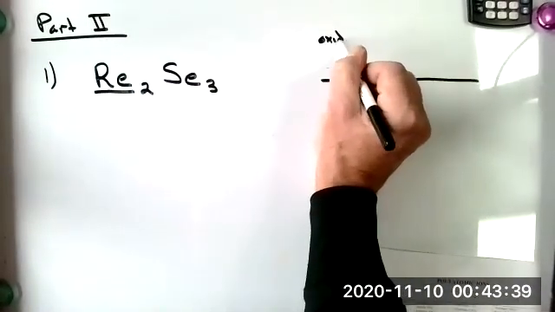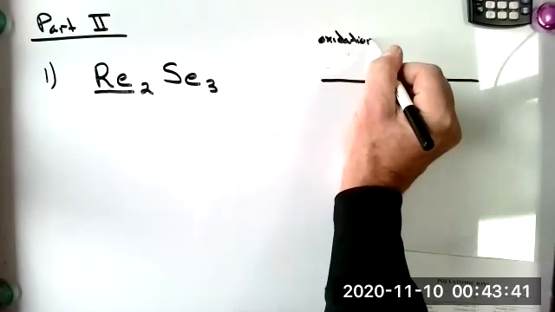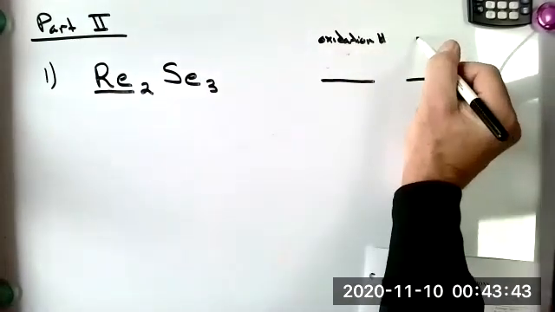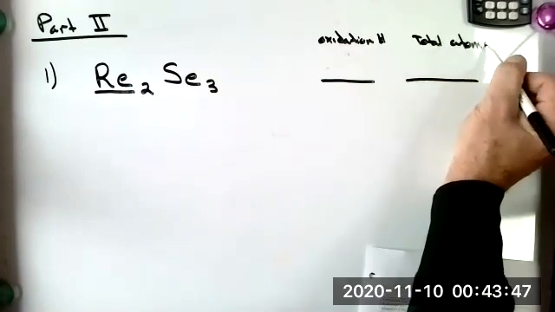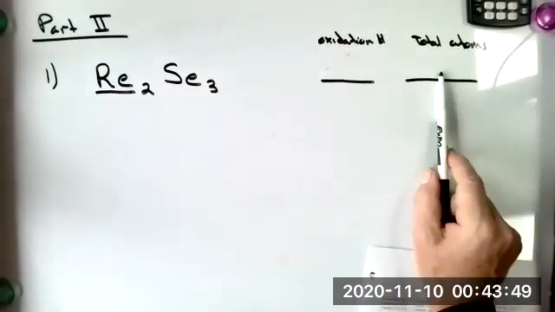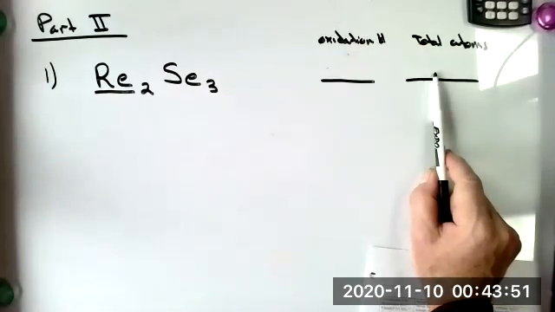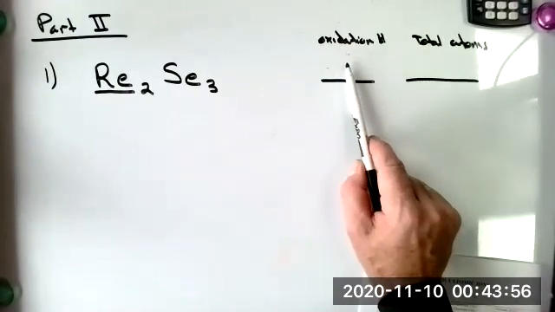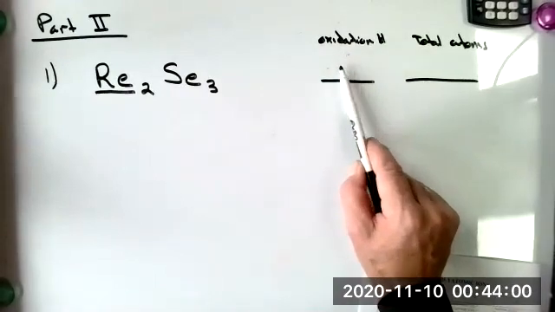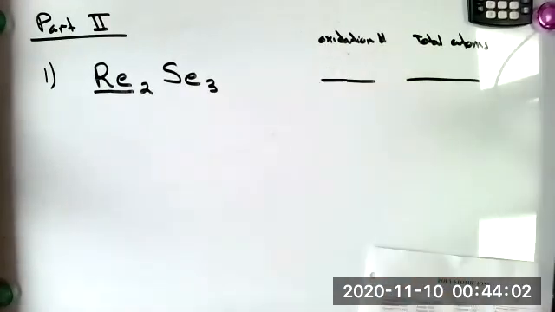Obviously, they want to know the oxidation number, and now total atoms. This is the key. This one is a complete setup for a later topic. This one is actually a very huge part of your next topic. Topic number 10. Huge part.